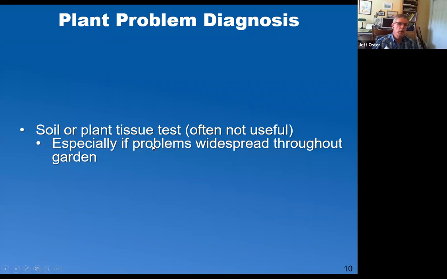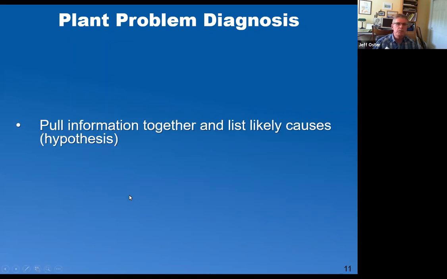And you may want a soil or plant tissue test. This is often not useful because it's hard to interpret the results of these tests and they cost something. But if you have a widespread problem in your garden, a lot of plants are looking sick, they don't look healthy, and it's across your garden, a soil test may be useful in finding out if you have a nutritional or soil-related problem.